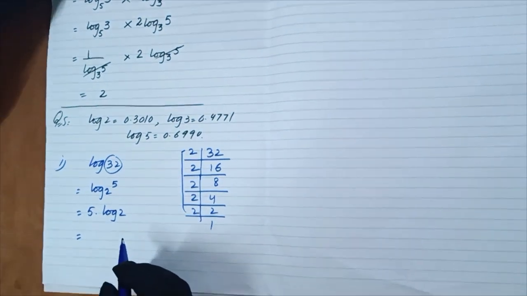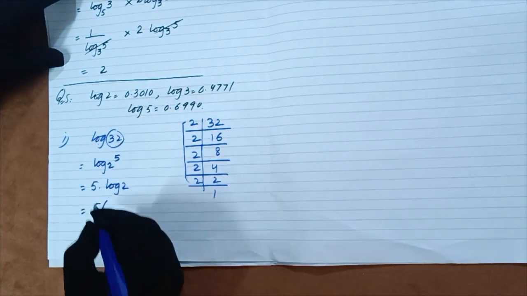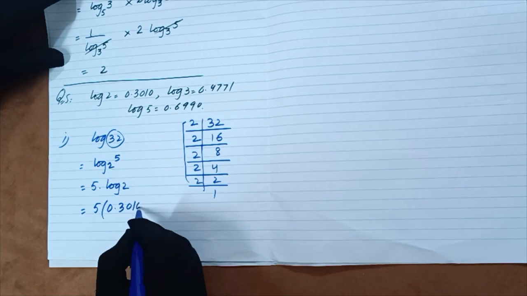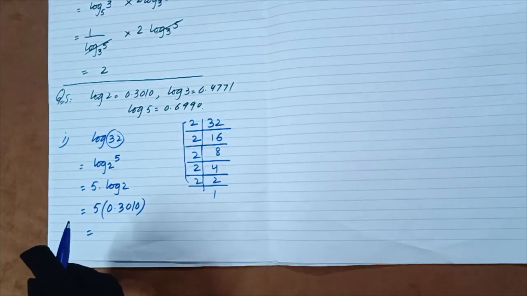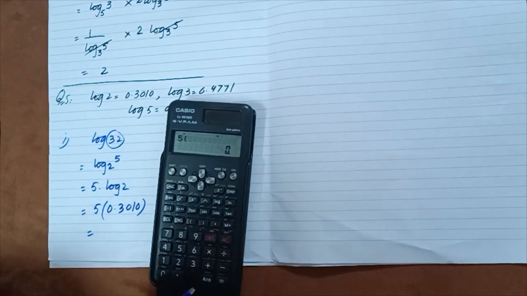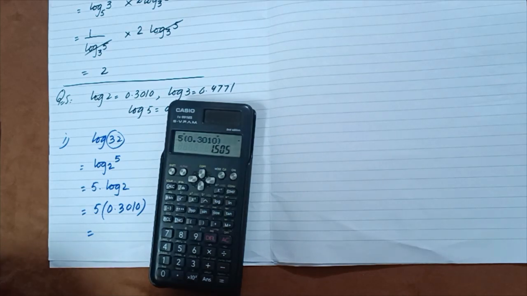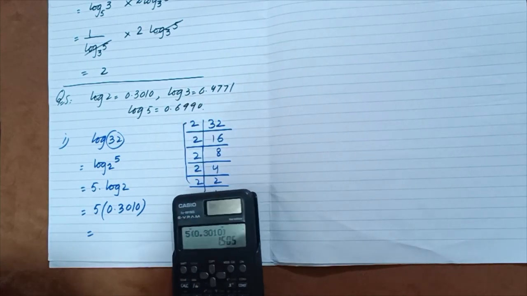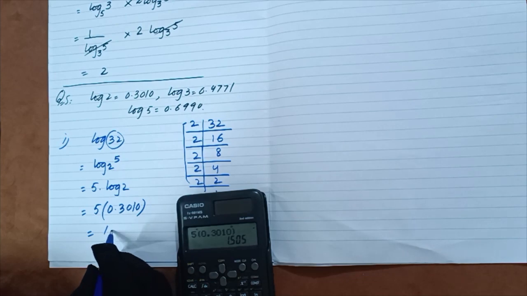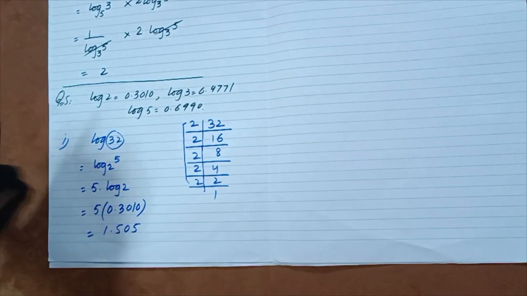At this point you can apply the given value of log 2, which is 0.3010, and multiply: 5 times 0.3010 gives 1.505. Okay, let's go to the second part.